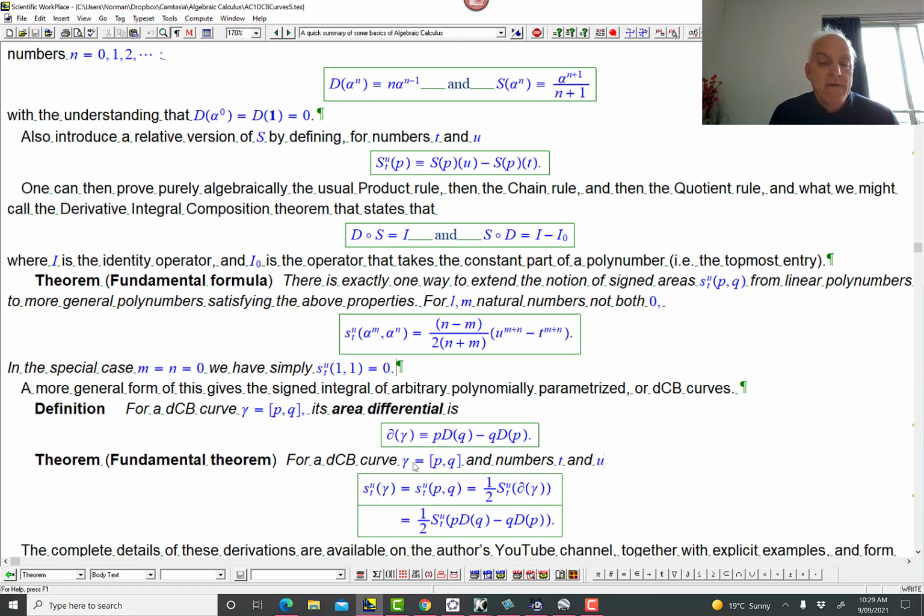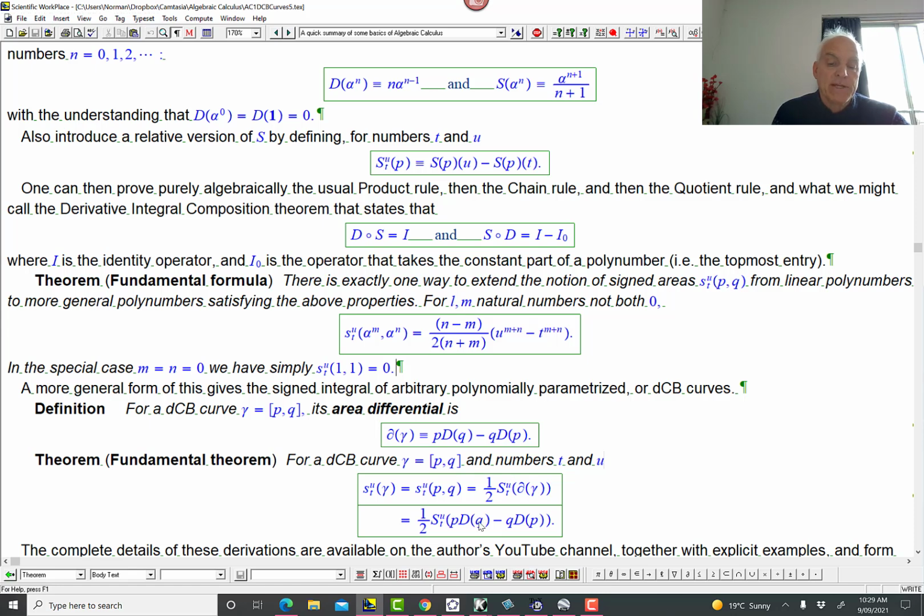Okay, and it says that if you have a curve gamma, which is PQ, so general DCB curve, it's a polynomially parameterized curve, so P and Q are polynumbers, and you have 2 numbers, T and U, then this signed integral from T to U of gamma, which we can also write S sub T to U of P comma Q, it's what you get when you take 1/2 times the Faulhaber integral S from T to U of the area differential of the curve.